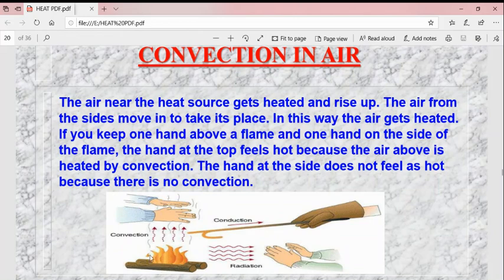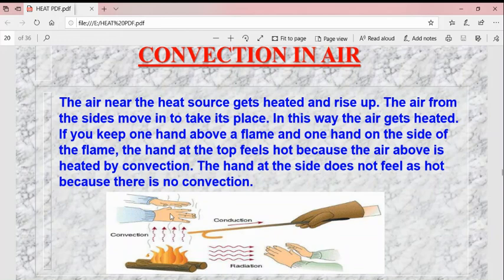So what it means is, here the fire is there. One hand you keep above this fire and one hand you keep at the side of this fire. The hand above the fire feels hot, you feel warmth, because the air molecules at the top of the fire get heated, become less dense, and reach your hand.